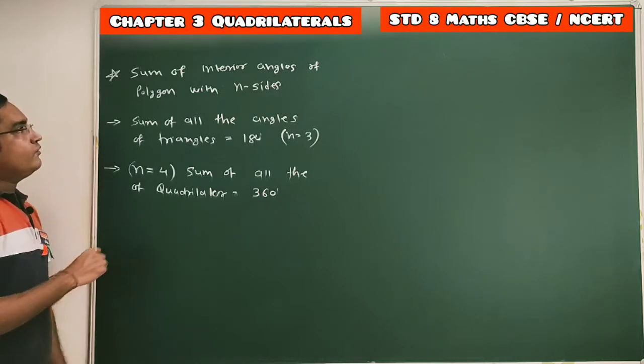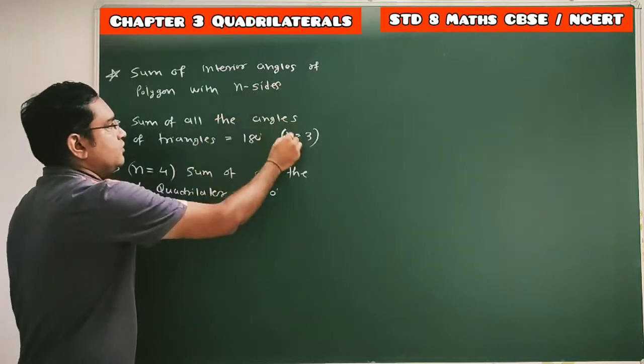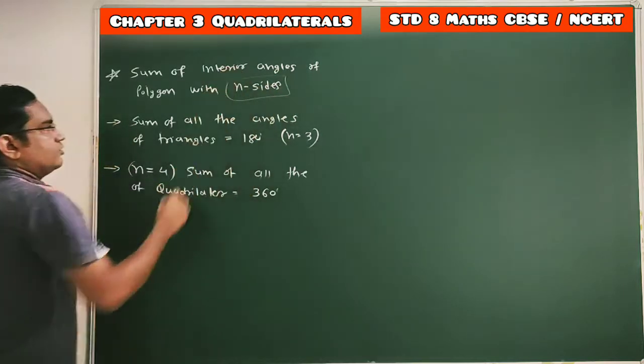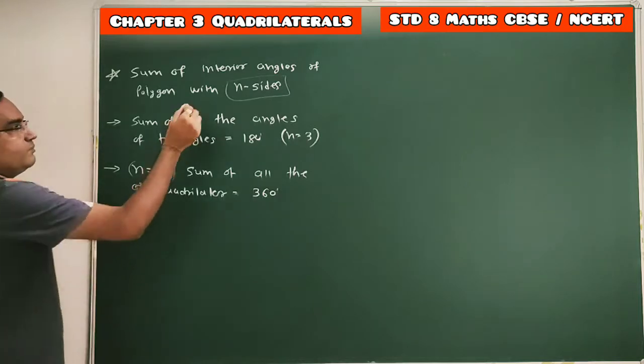So now we have to find the sum of interior angles of a polygon with n sides. Suppose n sides are there, then we have to find the angle sum property of this polygon.